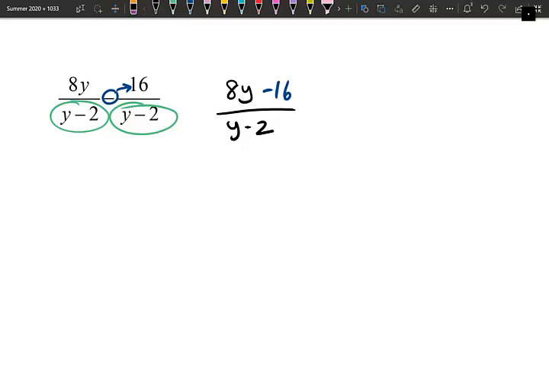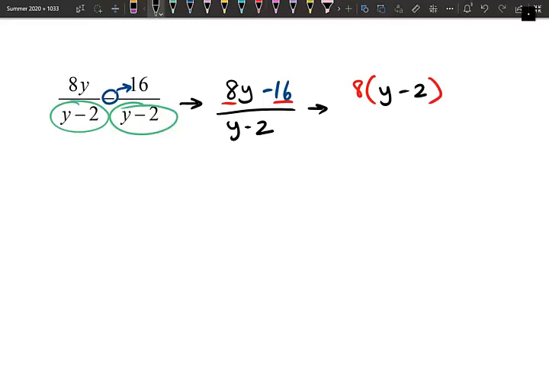So how do we know we're done? Let's see, on top, do they have anything in common? They do. On top, they have 8 in common. So I can take 8 out. And when I take 8 out, we're left with y minus 2, because 8y divided by 8 is y, and 16 divided by 8 is 2.